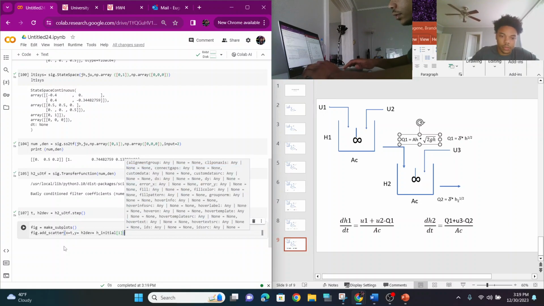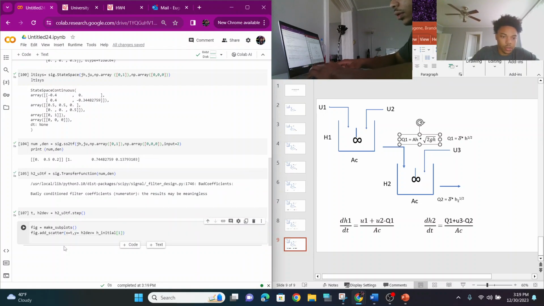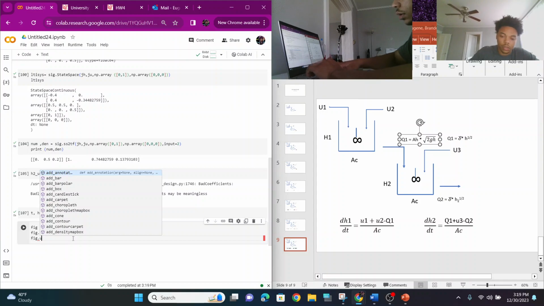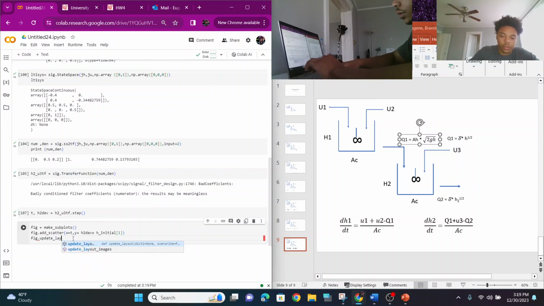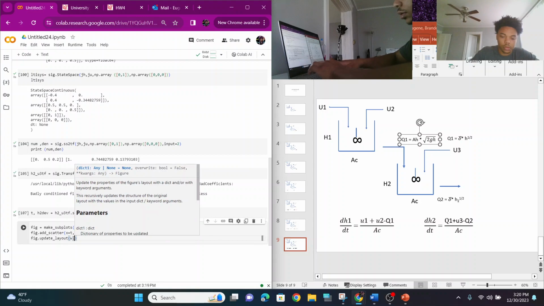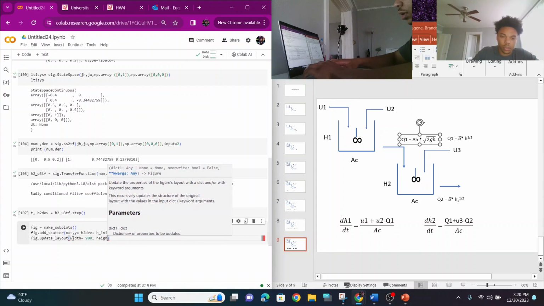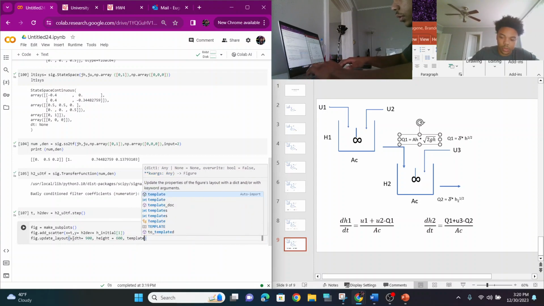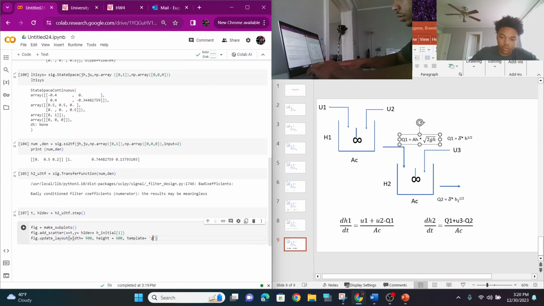And then it's going to be fig.update_layout: width is going to equal 600, height is going to be equal to 600, and template is going to be equal to plotly_dark.